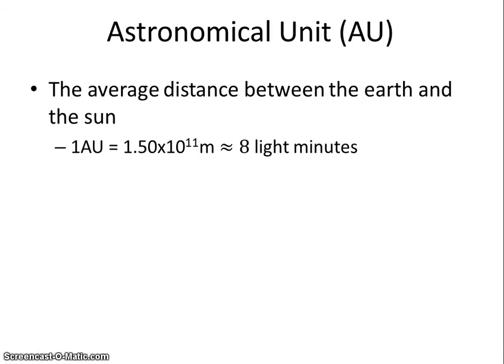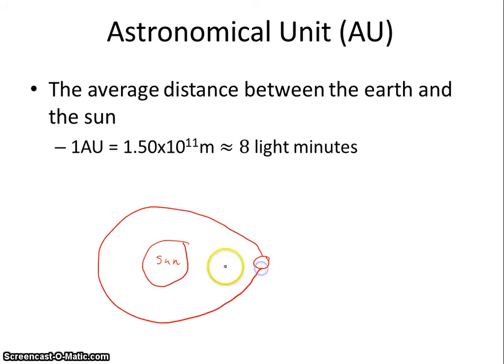Another important unit that we're going to use is the astronomical unit. It's the average distance between the Earth and the Sun. So it's defined as, so if this is the Sun and this is the Earth, as the Earth orbits around the Sun in a roughly circular orbit, the average distance between the Earth and the Sun is 1 astronomical unit.